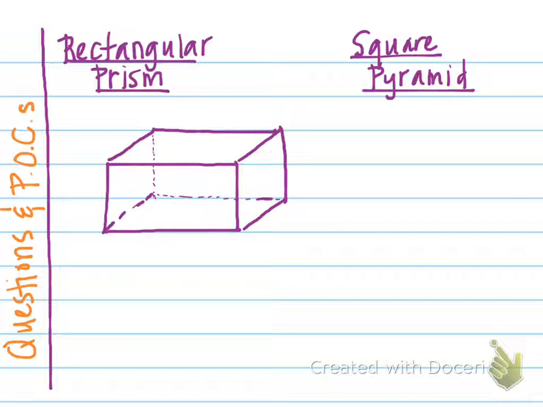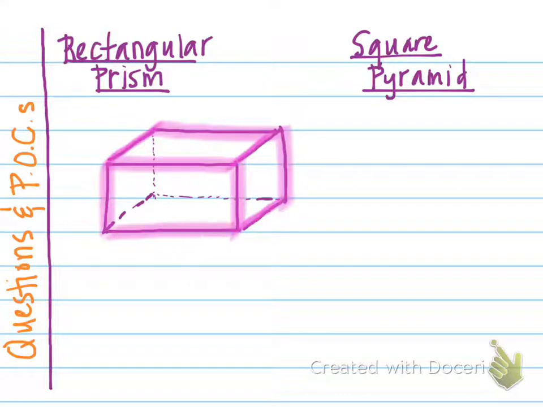A rectangular prism has 12 edges if you were to count them. Let me show you where those edges are. Okay, so 1, 2, 3, 4, 5, 6, 7, 8, 9, and then the edges you can't see, 10, 11, 12.